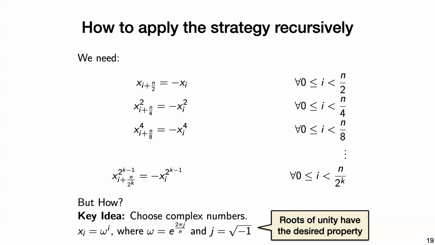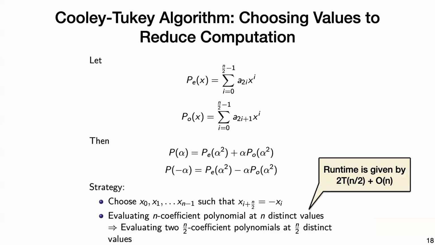So this part is a bit hard to get, I think. At least I had trouble when I was first getting it. And the high-level intuition is that you want these positive and negative pairs, and it works to just choose real numbers for the first level of the recursion, but it needs to work for every level of the recursion. When you get new subproblems of n over 2, each of those halves needs to also have positive and negative pairs.